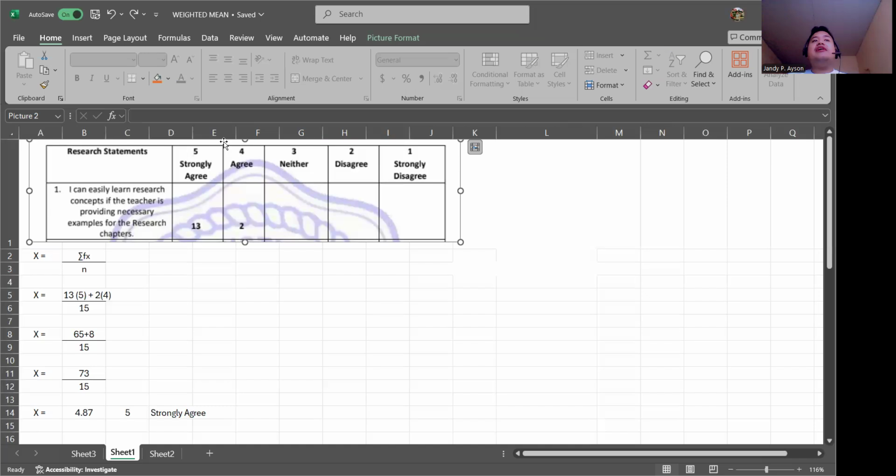And then, meron tayong makikitang 5, 4, 3, 2, 1. And then, depending on the Likert scale na ginamit mo, pwedeng mag-iba-iba yung descriptive rating niyan. Pwedeng, halimbawa, kung tungkol sa frequency, always, often, sometimes, 'di ba?